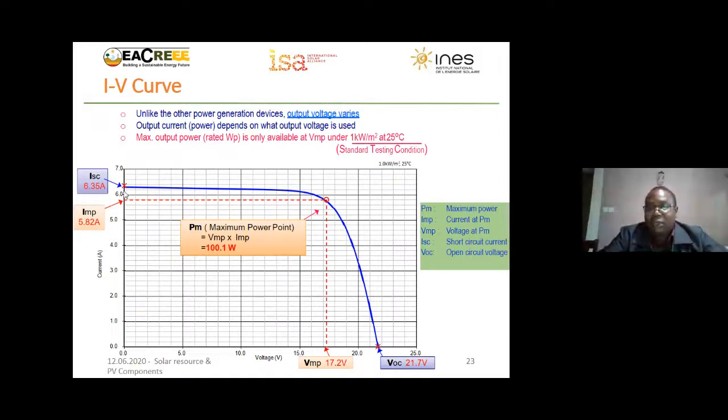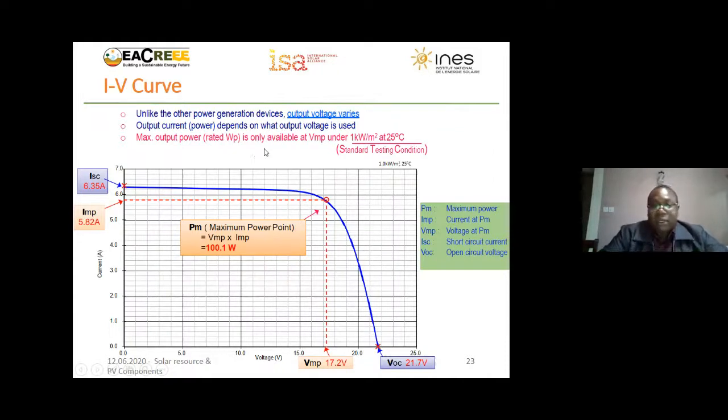You can see, this gives you an indication of the charging current when you connect the battery terminals to that solar PV. I think there's more to learn in that, but I will have to move on because of time.